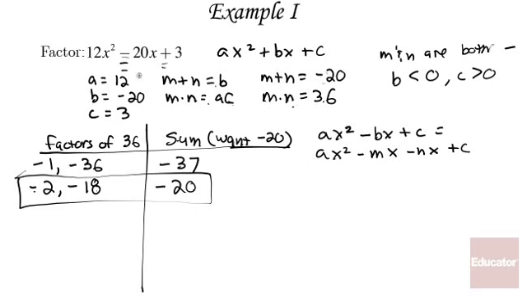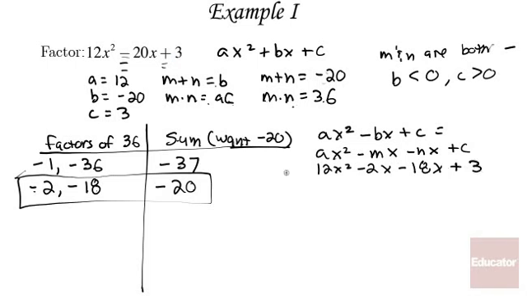I have an a of 12, so it's 12x squared. M is negative 2. N is negative 18. And C is 3.